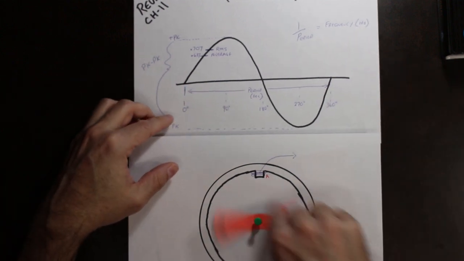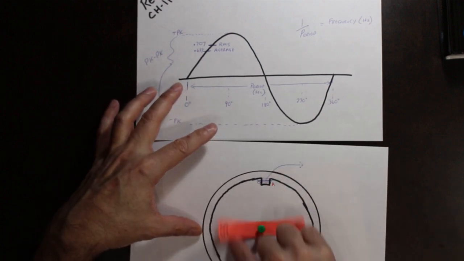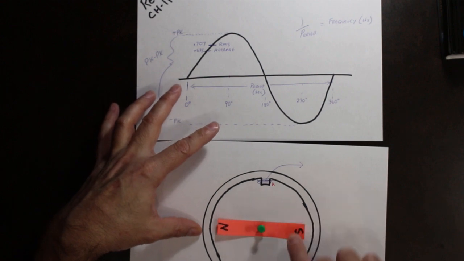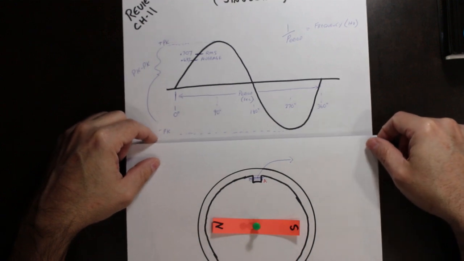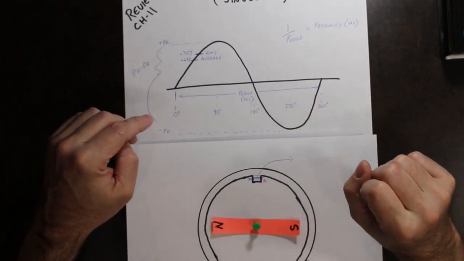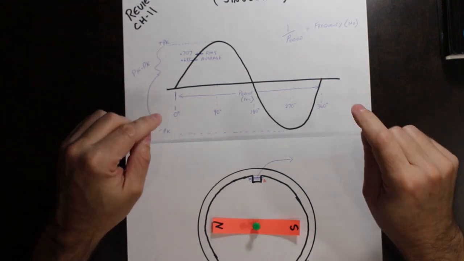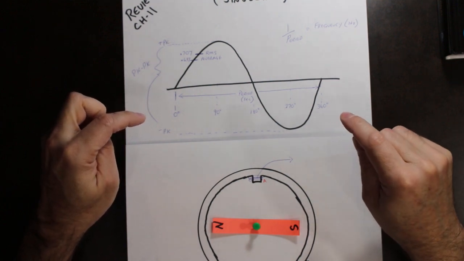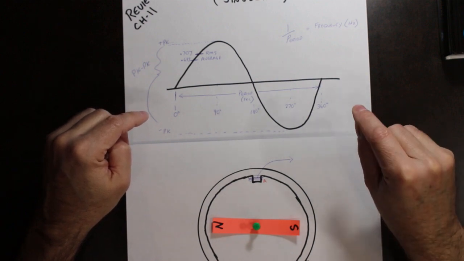Then Superman starts spinning this thing over and over and over again. How many times does he spin the generator in 1 second? That is a measurement of the frequency. So how many times in 1 second does this generator go around? That is a measurement of frequency.